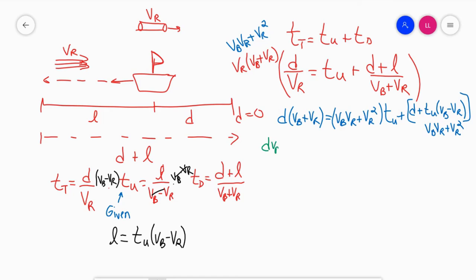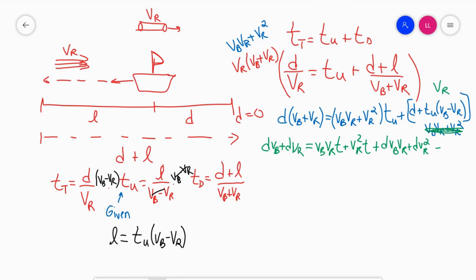I get d times VB plus d times VR equals VB VR T plus VR squared T, plus d VB VR plus d VR squared. Sorry, the only thing left here is VR, because when we multiply, we cancel out the VB plus VR.